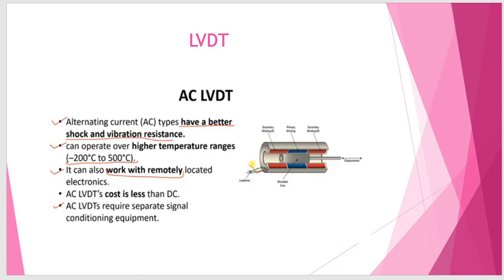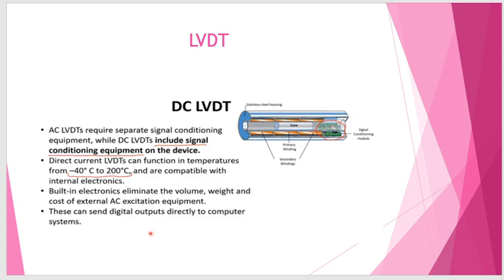Now you do the DC conversion, and it can also be converted to digital. The temperature range decreases because we know electronic circuits have their temperature limits. That is why the overall temperature range gets lower.